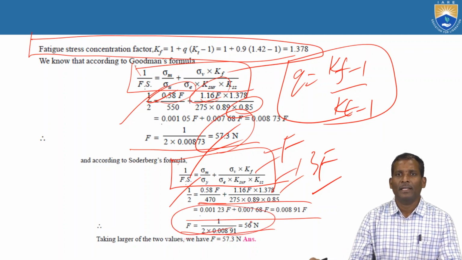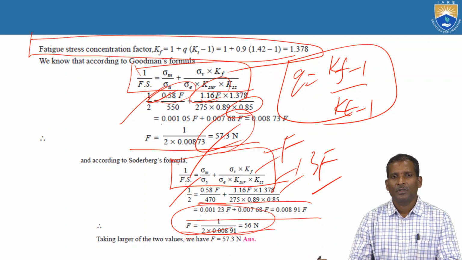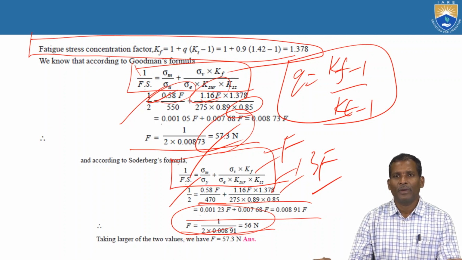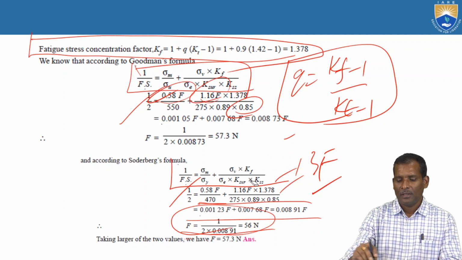Now we have calculated the force value, the load value, by using the Goodman method and the Soderberg method. Now out of these two values, find the larger one. Taking the larger of the two values, you may fix your final force or load value.